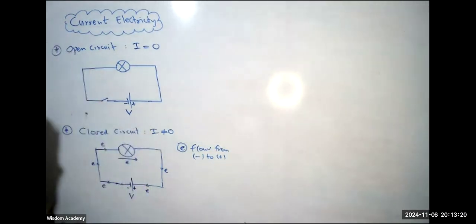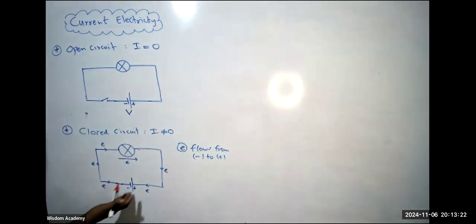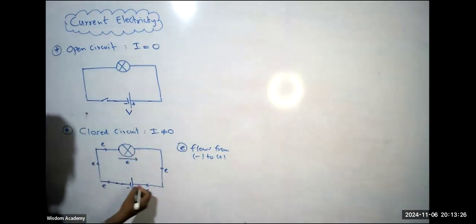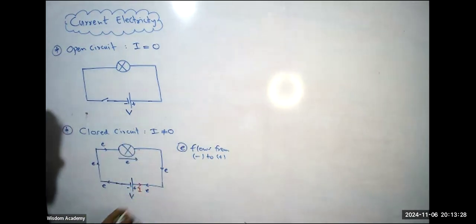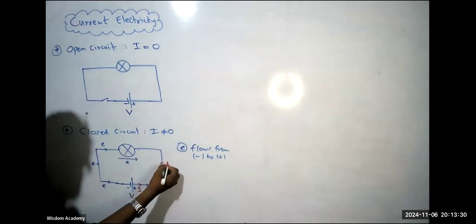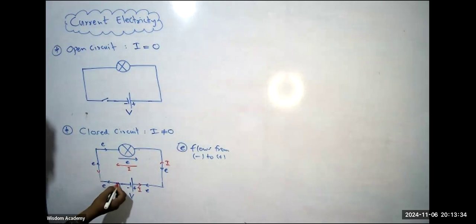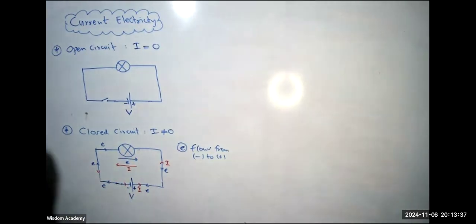While the electrons are flowing from negative terminal to positive terminal, conventionally the current is sent out from the positive terminal. We refer to it as I, which moves in the opposite direction and comes back to the minus terminal.